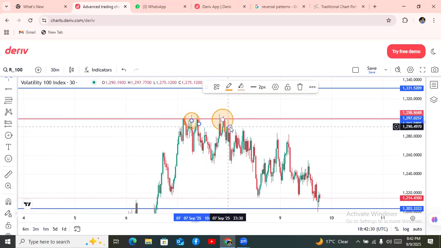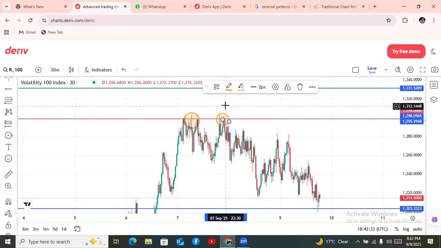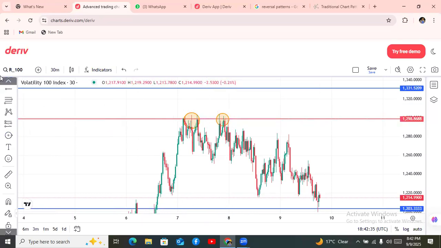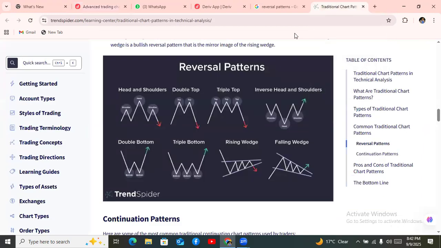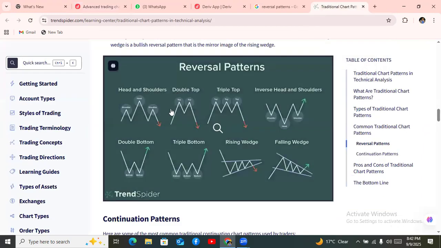And these two touches are similar to what we have in front of us, a double top. It's similar to that double top. And we can see that if a double top is confirmed, we have the possibility of selling because the arrow shows price moving down.